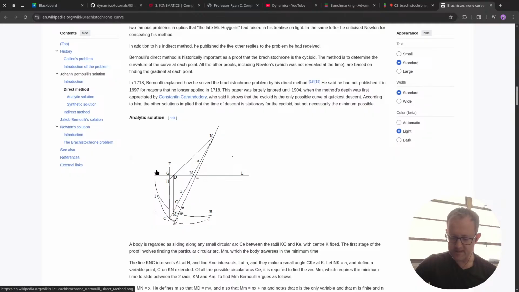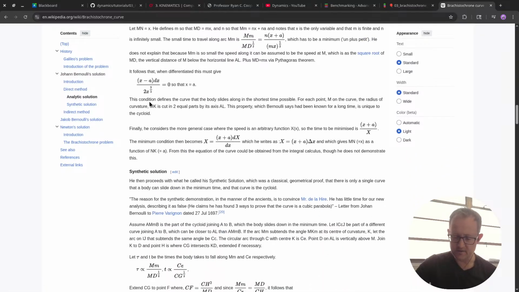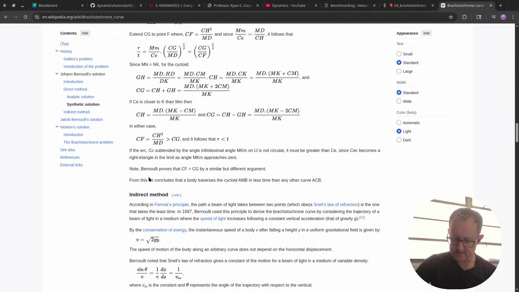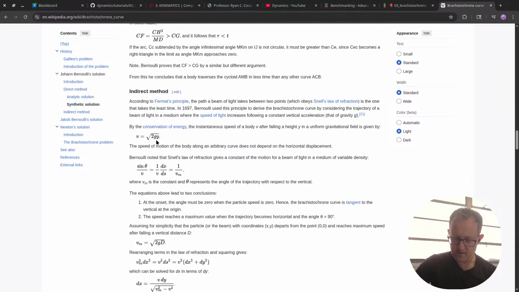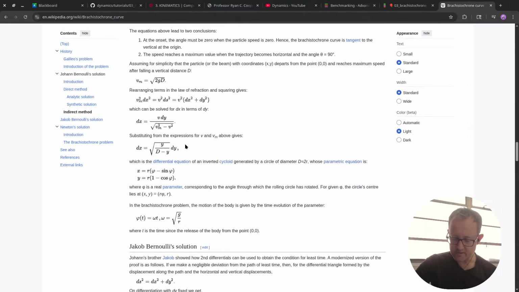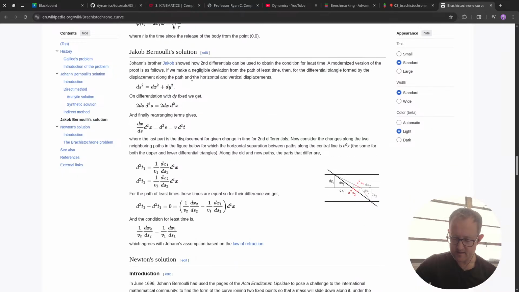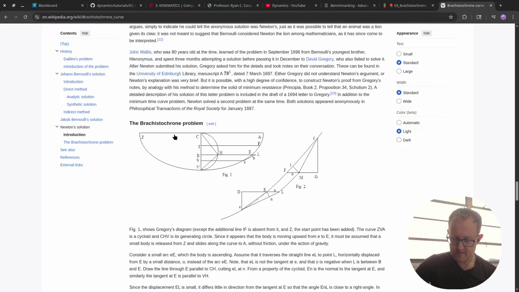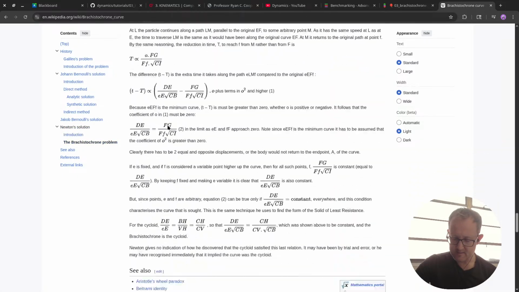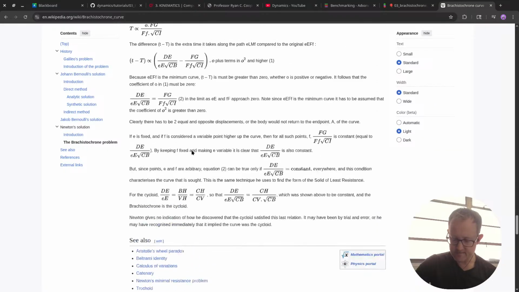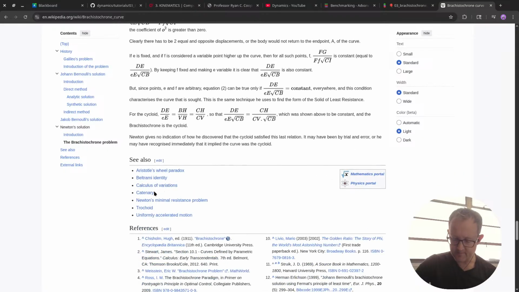So it's the idea that this kind of constant, almost like a constant curvature, gets in there. So let's see what they come up with. So v is root 2gy, that's what we had. Cycloid, or catenary.